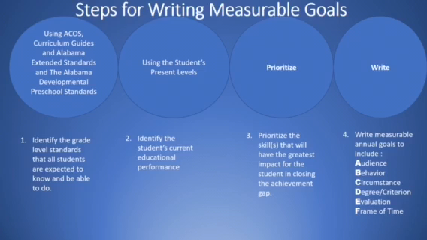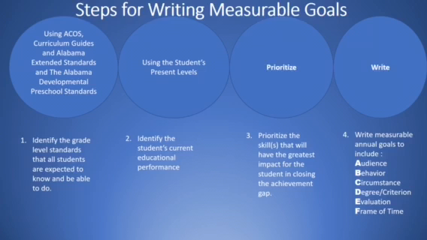After we've identified what skills the child needs, we're going to prioritize these skills to determine the one that will have the greatest impact for this student in closing the achievement gap. Or as I like to say, where are you going to get the biggest bang for your buck?